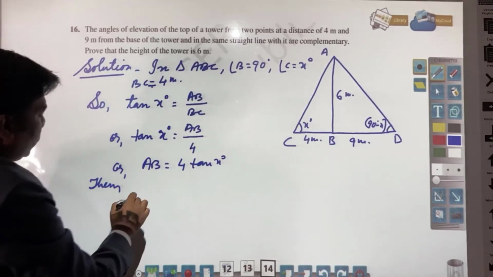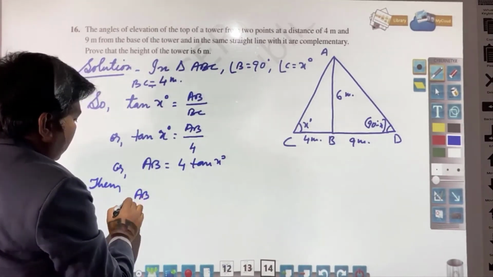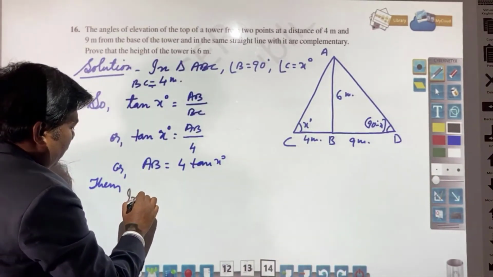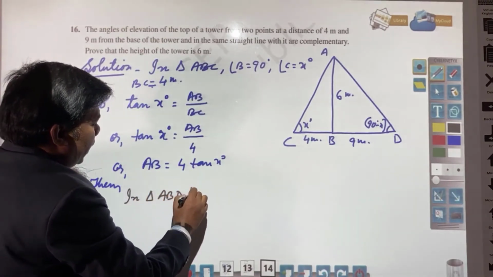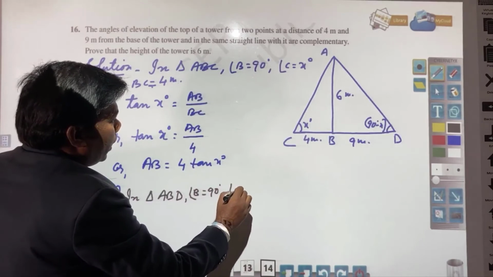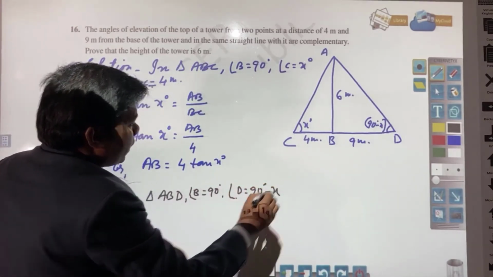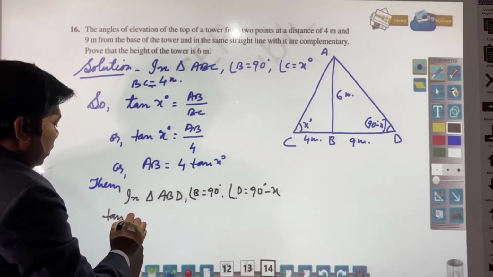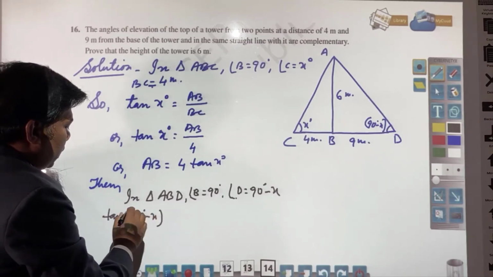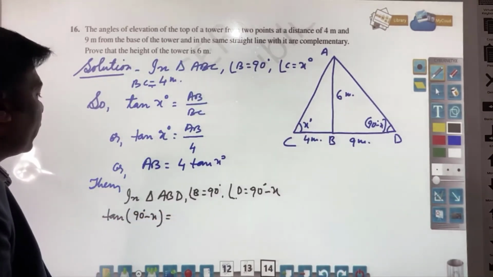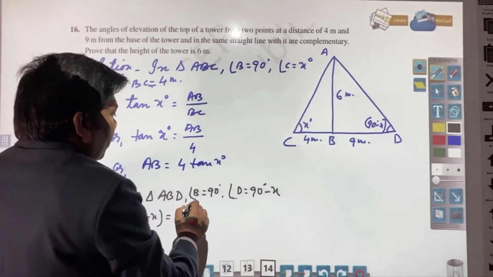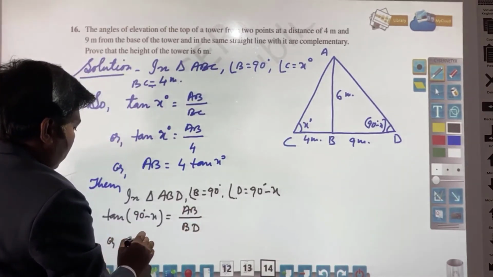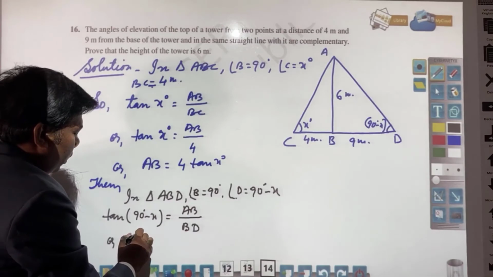Now in triangle ABD, angle B is equal to 90 degree, angle D is equal to 90 minus x. Now tan 90 minus x is equal to AB by BD, and tan 90 minus theta is equal to cot theta.